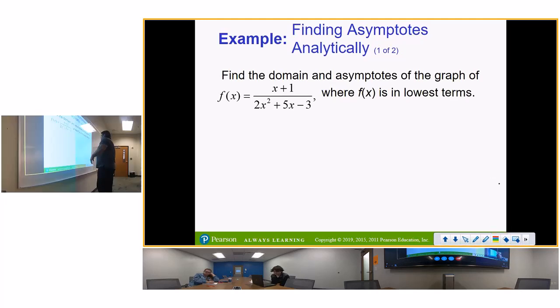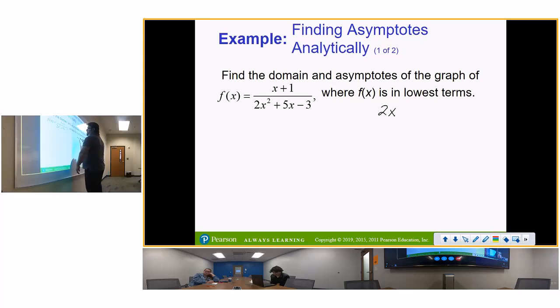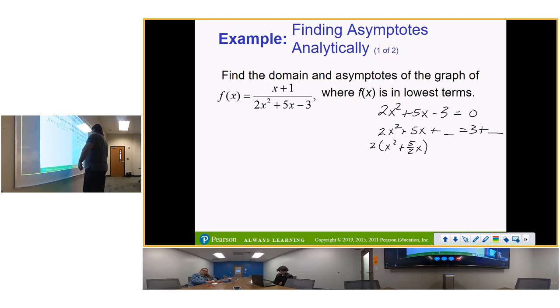That pause meant I wanted you to interact with me. 2x squared plus 5x minus 3 is equal to 0. 2x squared plus 5x plus blank is equal to 3 plus blank. 2x squared plus 5 halves x, plus blank is equal to 3 plus 2 times blank.